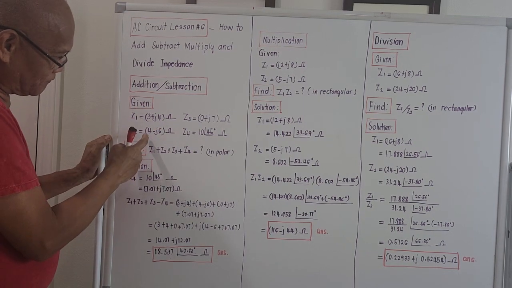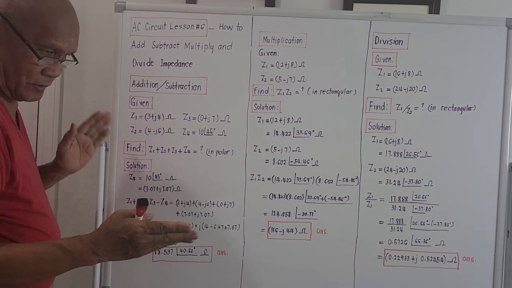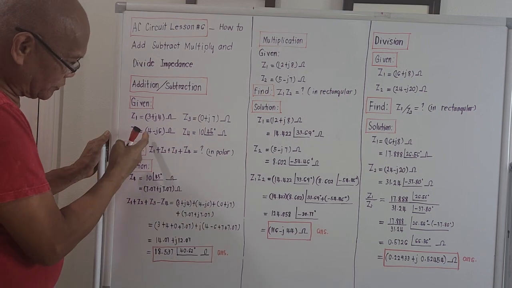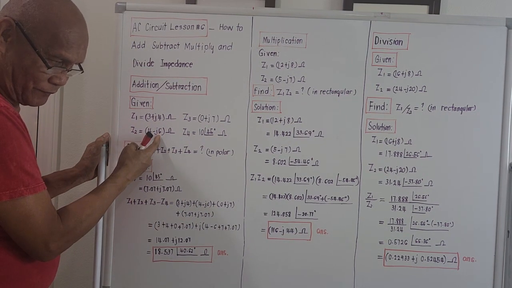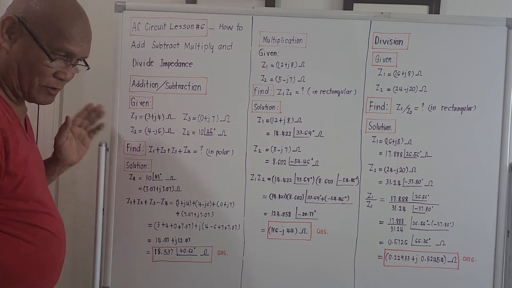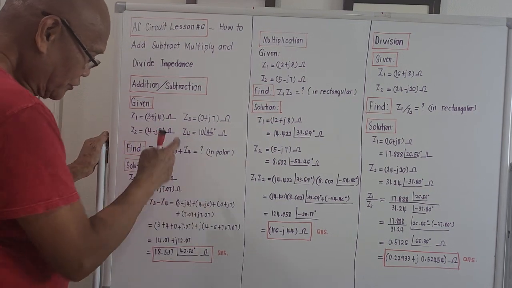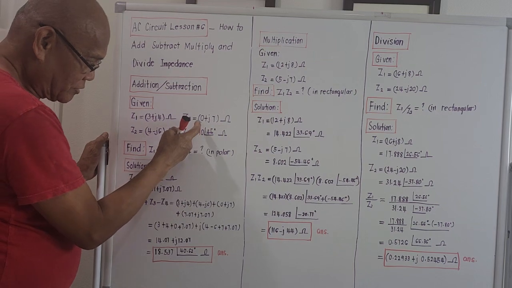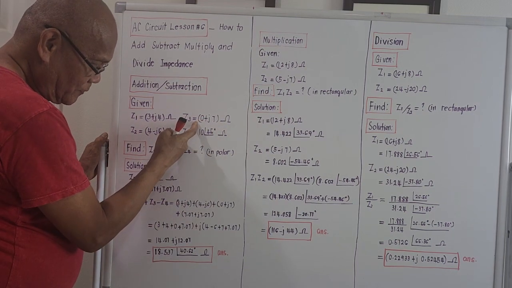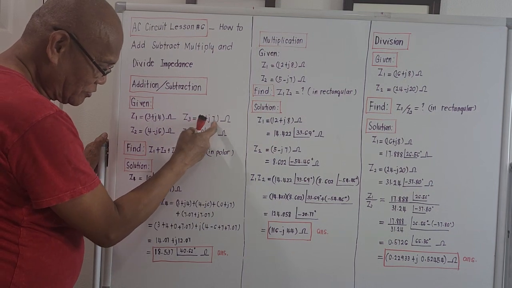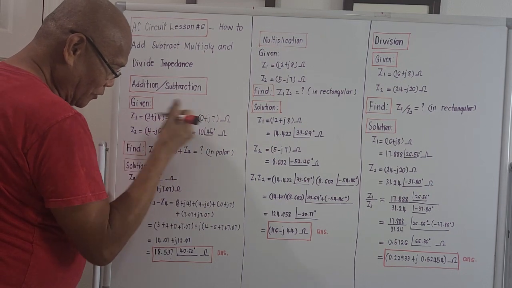Z2 will be 4 minus j6, a combination of a resistance and, since this is minus, a capacitive reactance or a capacitor. Z3 is 0 plus j7. The resistance is 0 and the reactance is plus j7, so this is a pure XL.